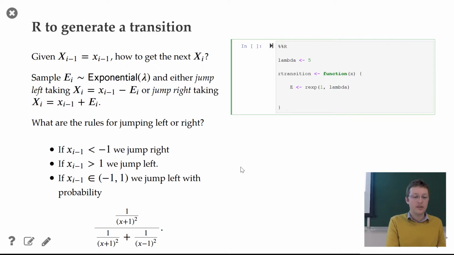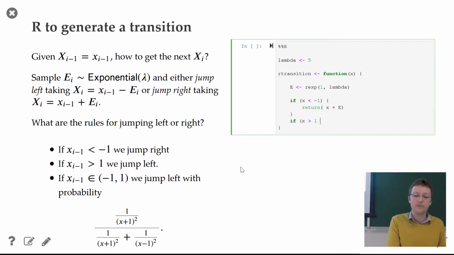So I can put these rules in straight away. If where I am is less than minus 1, the next position is going to be x plus e, because I'm jumping right. If I'm above 1, I'm going left.